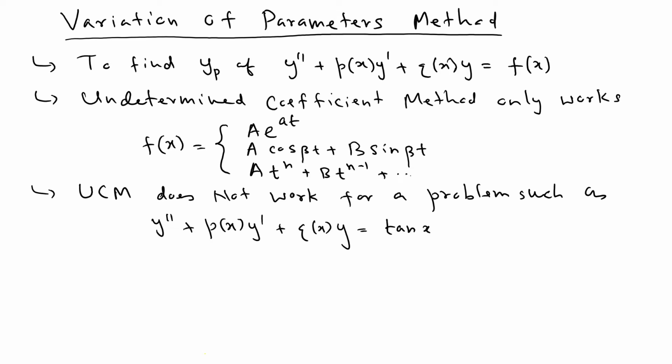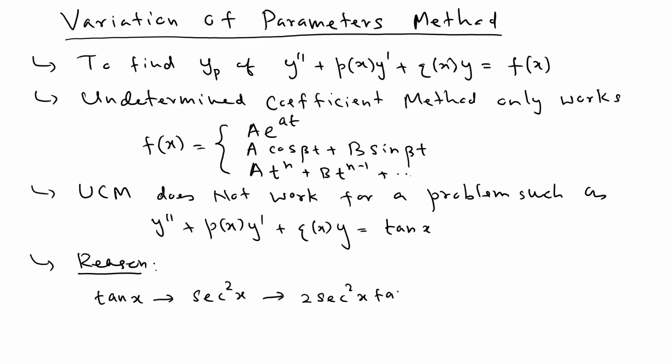So what is the reason why it doesn't work for this kind of problem? You can see the reason is, if you take the derivatives, we can start with tan x and then repeatedly take derivatives. The derivative of tan x is secant squared x, and then if you take the derivative of secant squared by the chain rule, it is 2 secant squared x tan x.